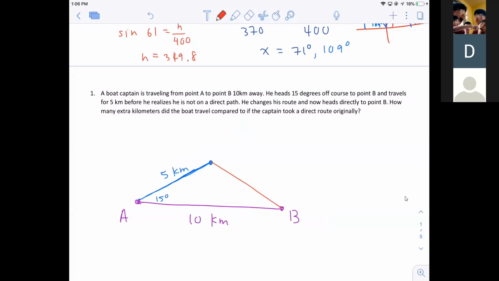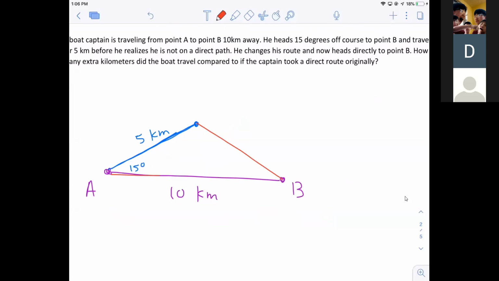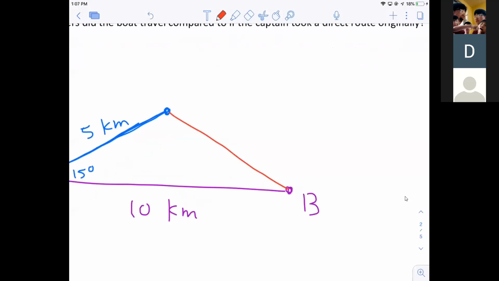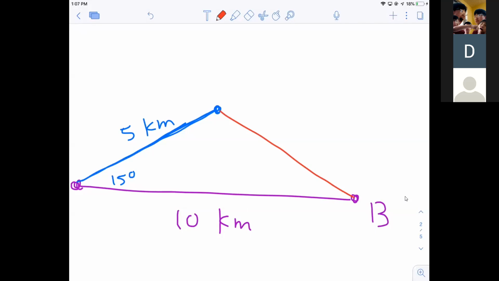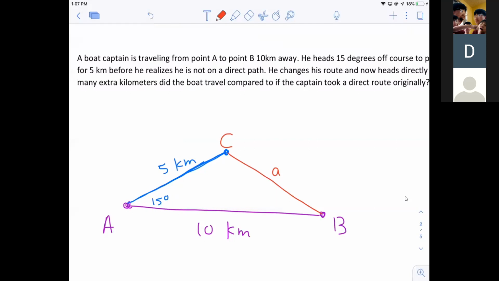How many extra kilometers did the boat travel compared to if the captain took a direct route? If he took a direct route, it would be 10 kilometers, and we want to figure out how much extra. So we need to figure out how long he traveled, what this plus this is. In this diagram, I'm looking for the length of, let's call this A, because it's opposite point A. And I guess I can call this C. So we have a triangle.